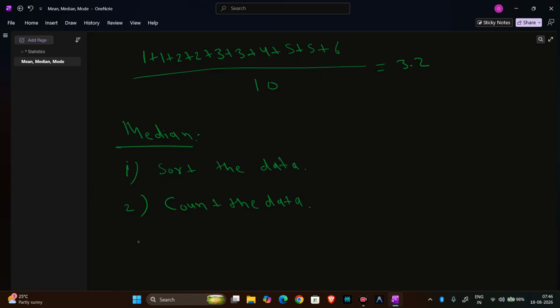After we sorted the data and counted it, we check whether the count is even or odd.